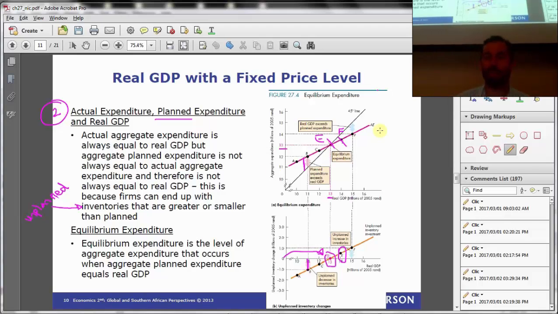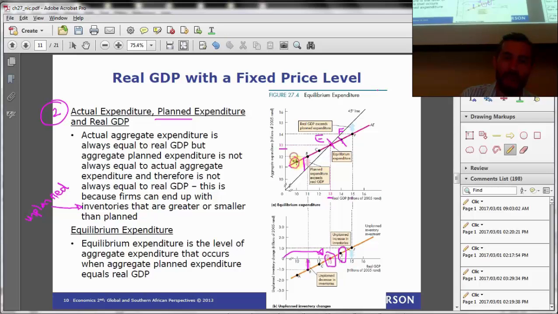So what happens if we're at some level of aggregate expenditure, say point A, point B, point C, or point F? If we're at one of those points, we know that the amount of aggregate expenditure is not equal to the amount of output. In other words, the amount of stuff that we're buying is not equal to the amount of stuff that we're producing.